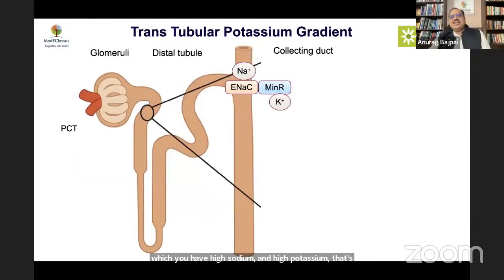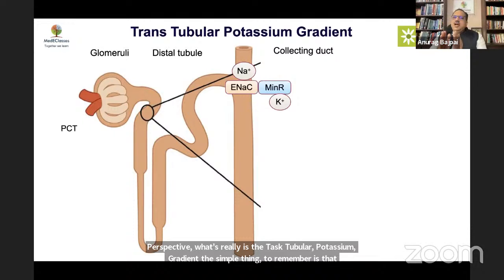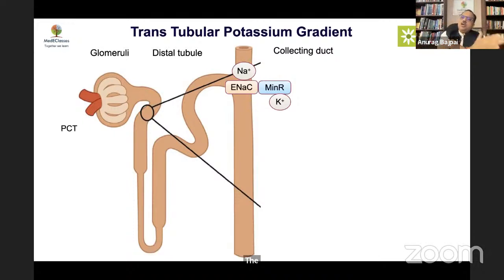Now, what really is the transtubular potassium gradient? The simple thing to remember is that the major factor regulating the push of potassium into the lumen is the renin-angiotensin-aldosterone system. So we are trying to see the gradient of potassium in the blood as well as the tubule.